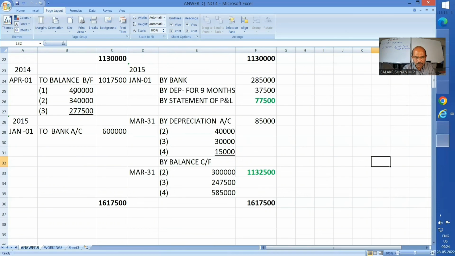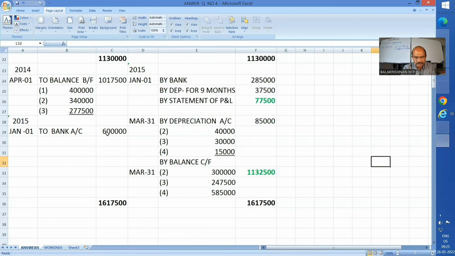First machine is not at all in the picture, so ignore it. Second, 3,40,000, year beginning balance, minus the depreciation 40,000, so 3 lakhs. Third machine, 2,77,500, year beginning balance, and its respective depreciation is 30,000, so this minus this, 2,47,500.